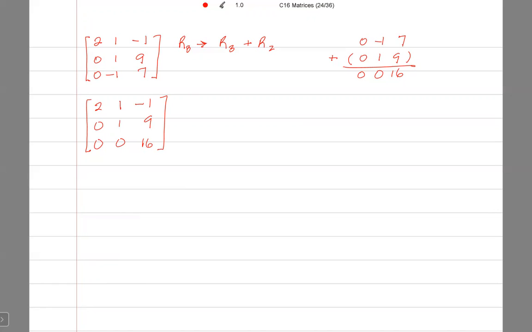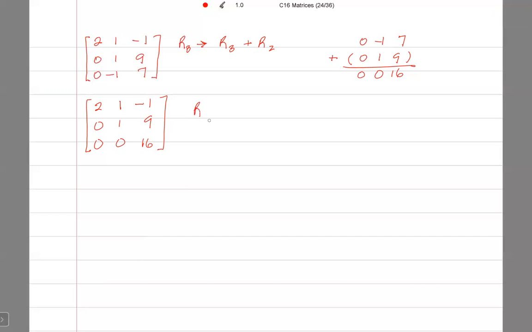So the next thing I need to do is make the first element in row 1 to be 1 and the last element of row 3 to be 1, and that is to get it in row echelon form.